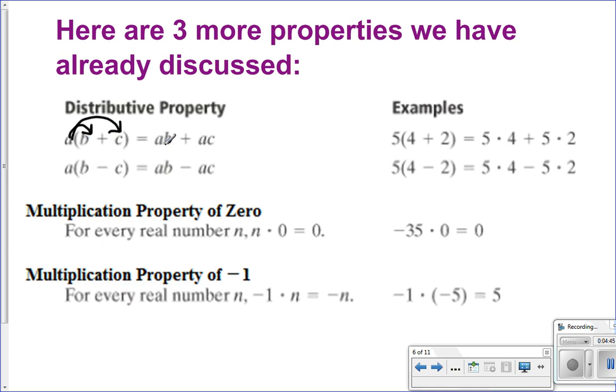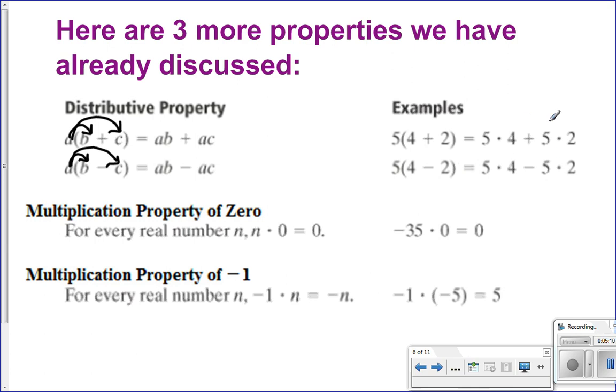You get A times B plus A times C. Same goes for subtraction. A times the quantity B minus C, we have to distribute the A to both terms. So we get A times B minus A times C. And here are some examples of the distributive property at work.